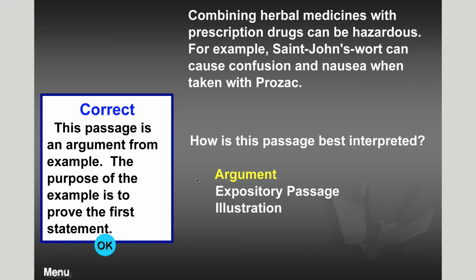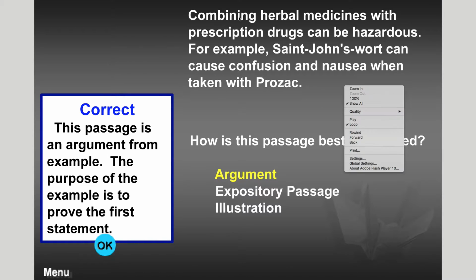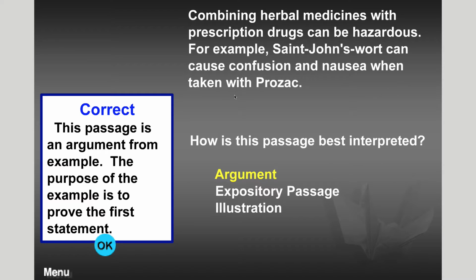And I know that's going to be difficult, right? Because you get expository passages which give you examples, illustrations give you examples, and here you have an argument from example. But this example, St. John's wort can cause confusion and nausea when taken with Prozac, is the premise. The conclusion is combining herbal medicines with prescription drugs can be hazardous. So there is something called the argument from example. We use this all the time, right?